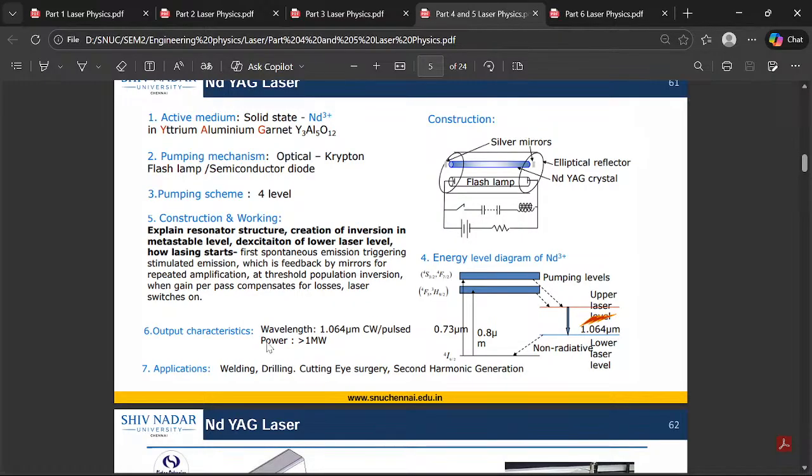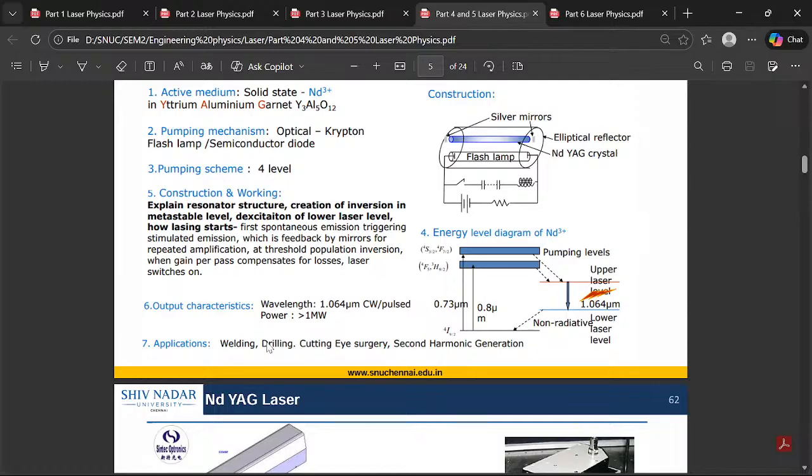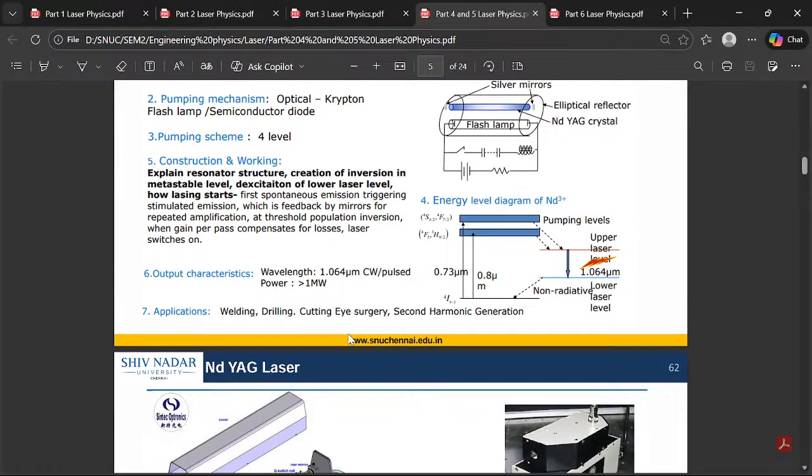I don't think you need to keep in mind these wavelengths. Just skim the applications of the lasers. Nd:YAG is used for welding, drilling, and for eye surgery and stuff like that.